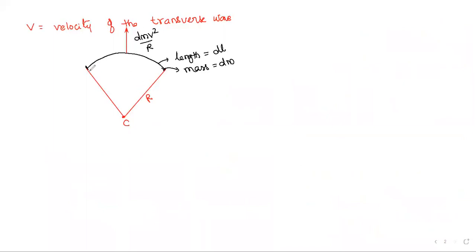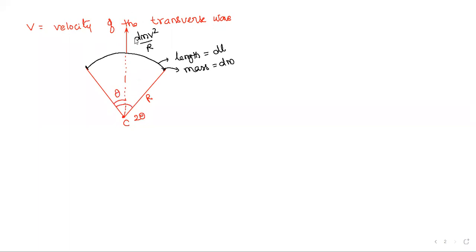Suppose it makes an angle 2 theta at the center, which means the half angle is theta, Nana. This half angle is theta, so the total angle is 2 theta.